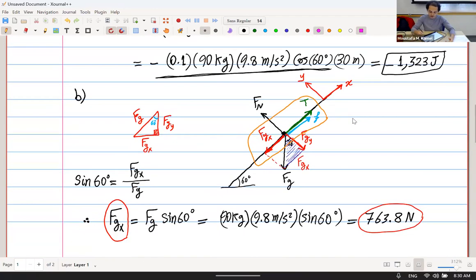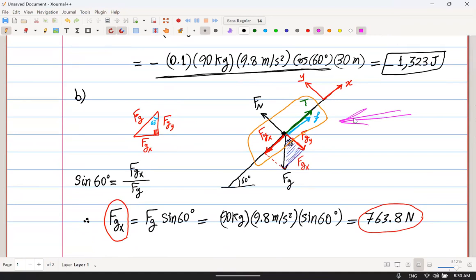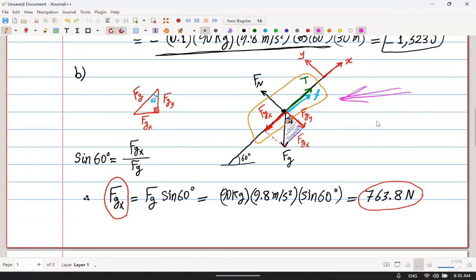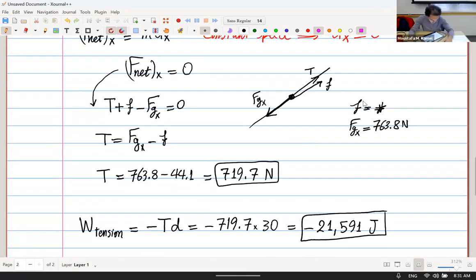So the tricky part for this problem was to calculate tension. To calculate tension, we needed to do this kind of decomposition of vectors. When calculating tension, where did that 44.1 come from? How did you calculate that? This is friction. Friction is mu mg cosine 60.